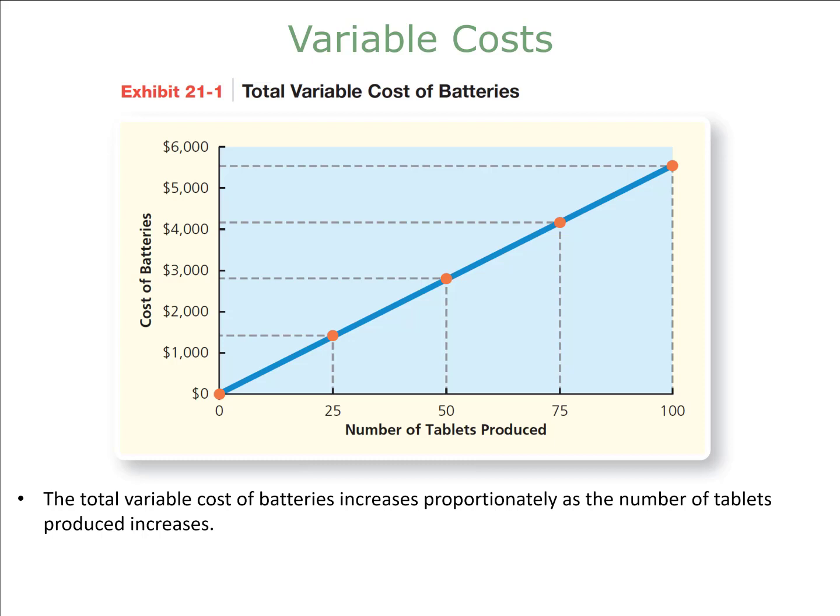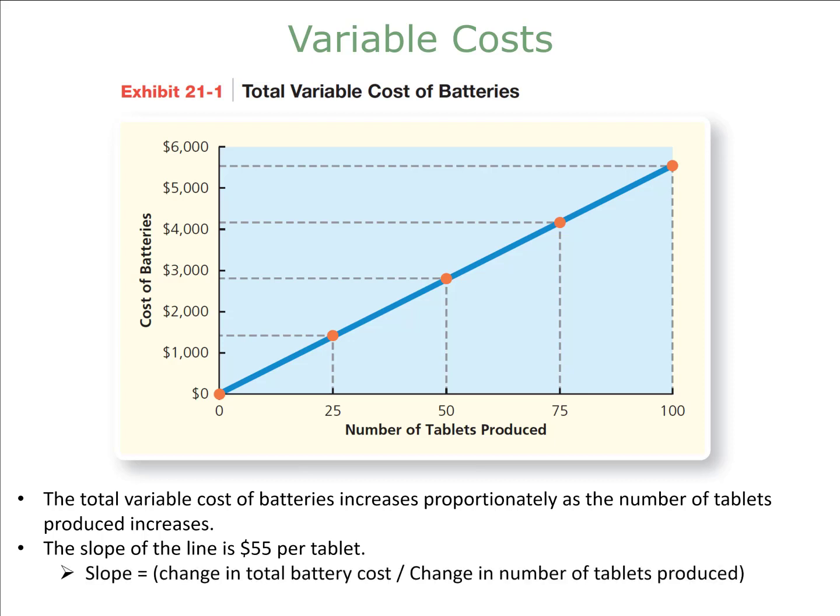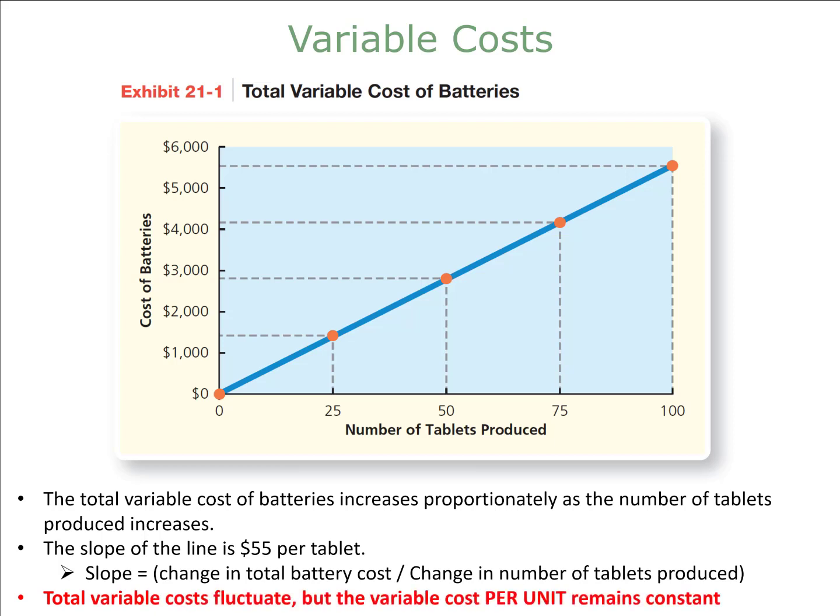The slope of the line is $55 per tablet, and we can calculate the slope of the line by taking the change in total battery cost and dividing by the change in number of tablets produced. But the key takeaway in this slide is total variable costs fluctuate, but the variable cost per unit remains constant, in this case, the $55 per tablet.